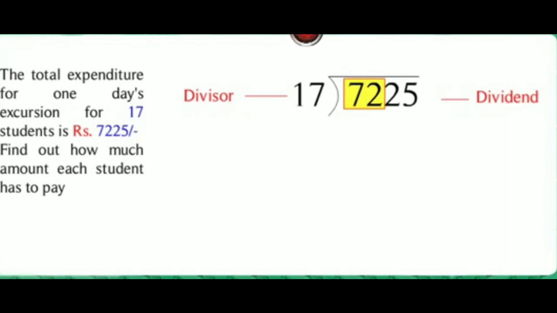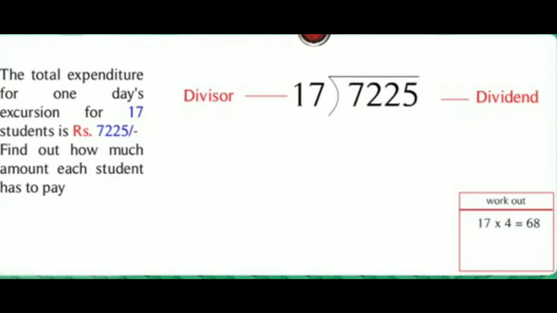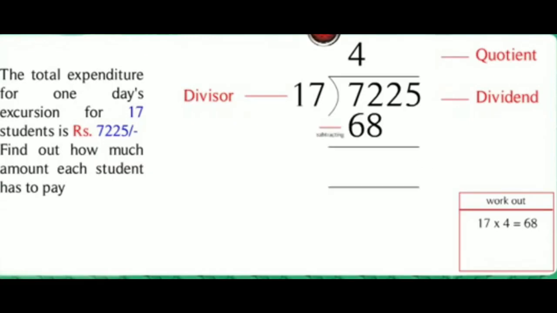So 72 is divided by 17 and we get 4 times. 17 into 4 is equal to 68, which is less than 72. So we place 4 in the quotient place and 68 under 72, and we subtract 68 from 72 and we get the answer 4, that is the remainder.